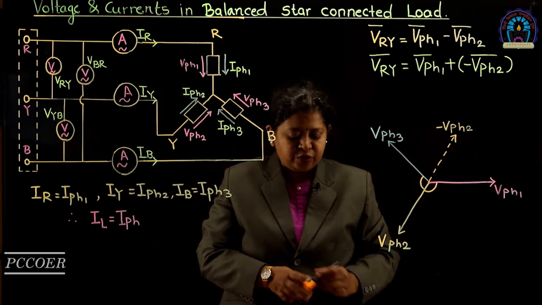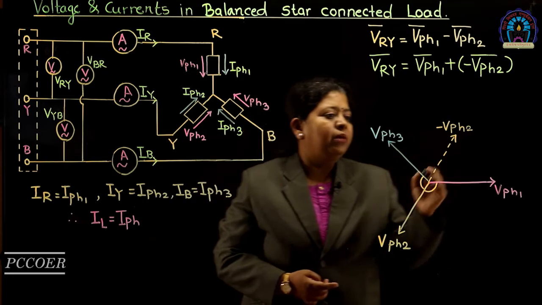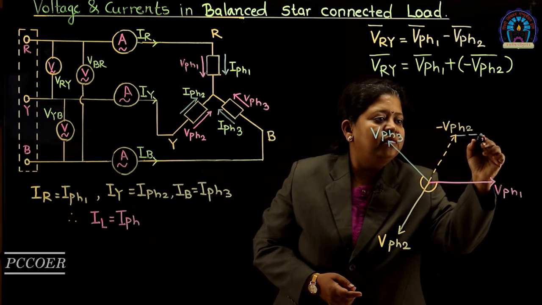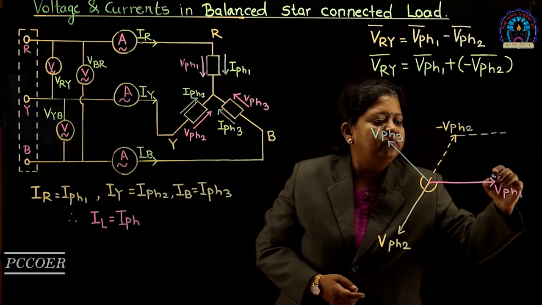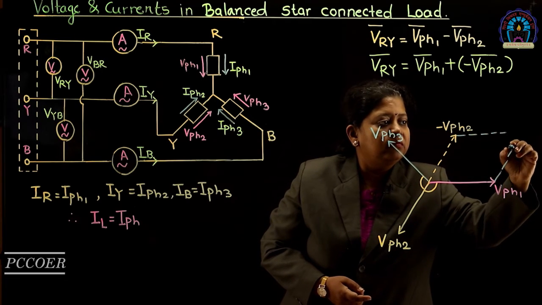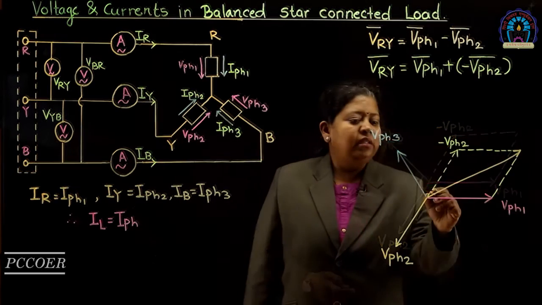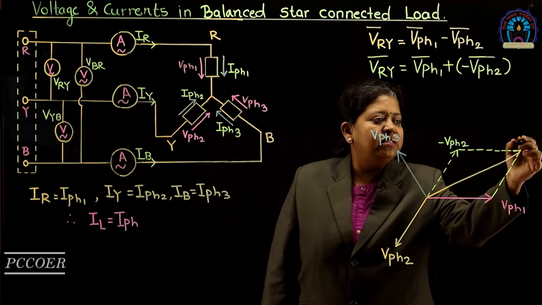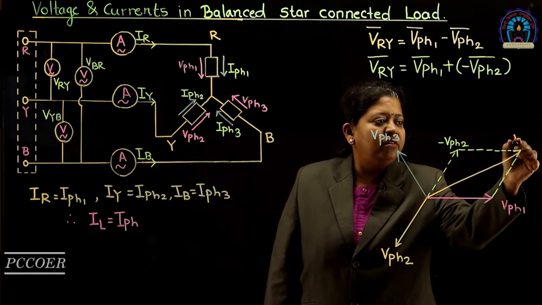Now, let us add these two phasors by using the method of parallelogram. So, let us complete this parallelogram. Here, the diagonal represents the line voltage VRY.